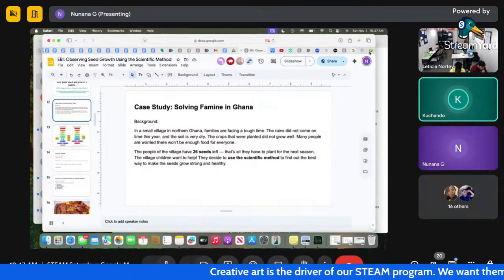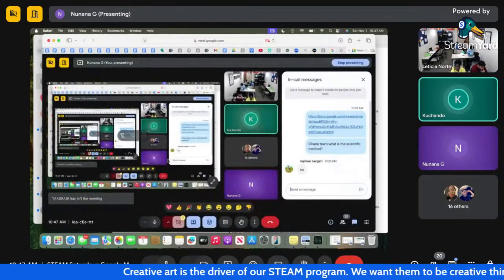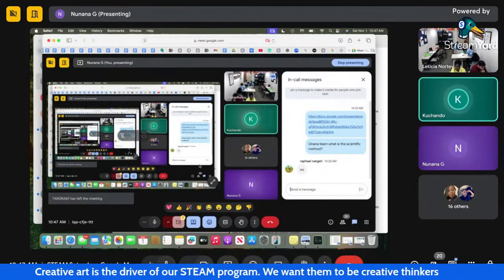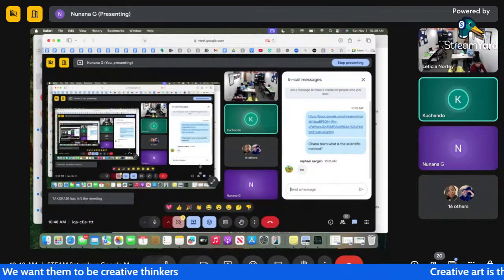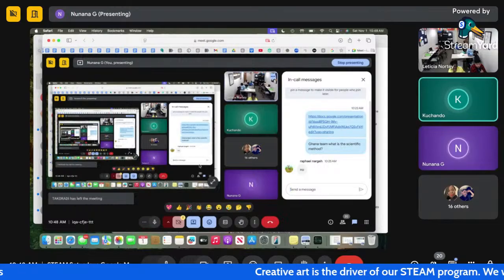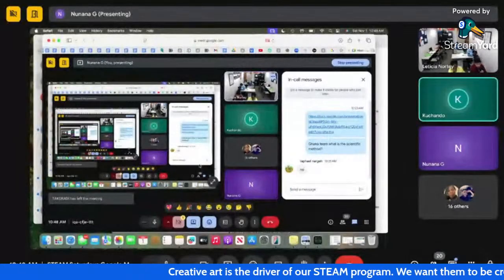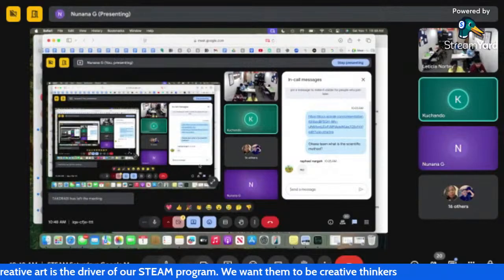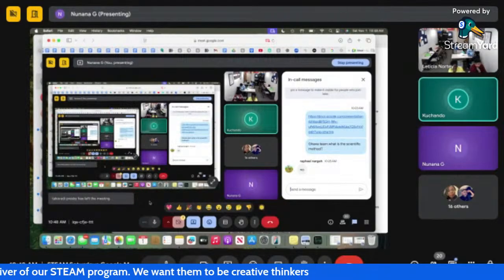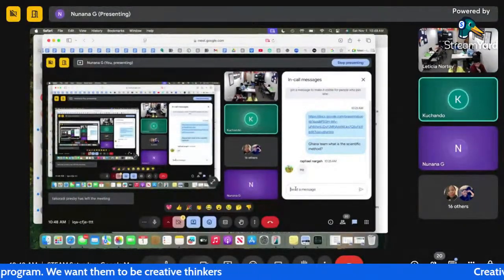Madam, if you plant the beans seed and maybe it did not germinate and you want to change, can you change both the sunlight and the one without sunlight? Yes, you can.